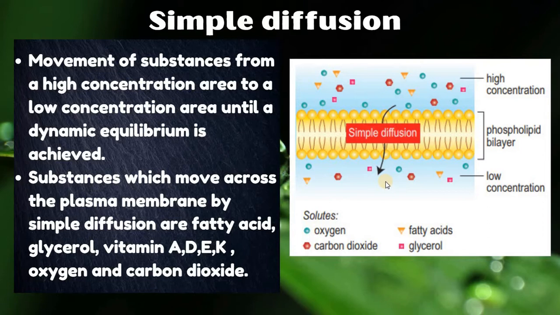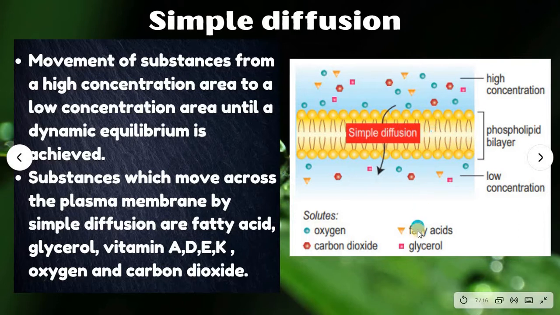Why fatty acid, glycerol, vitamin A, D, E, K? Because they are lipid soluble molecules that can pass through the phospholipid bilayer freely, because of the characteristic of the phospholipid bilayer, which is a lipid.